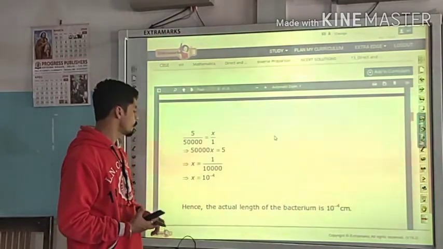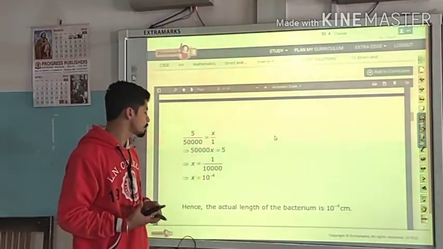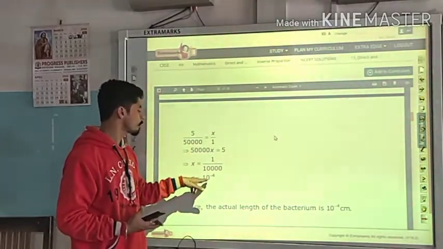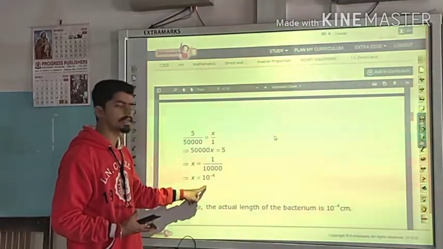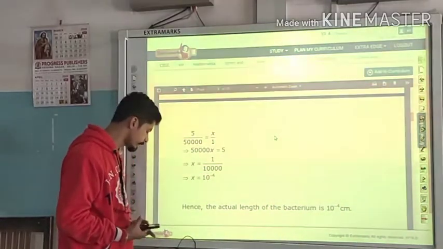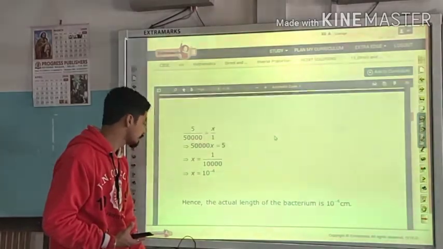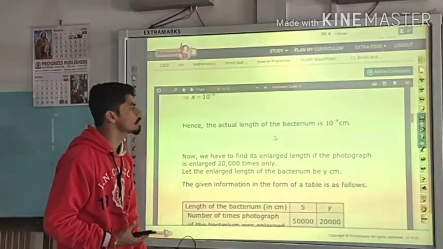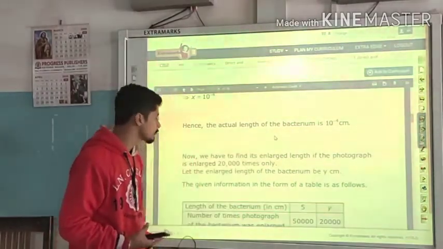This is the formula a to the power m is equal to a to the power minus n, so 10 to the power 4, and if we convert this denominator to the numerator, it becomes a negative exponent. Hence the actual length of the bacterium is 10 to the power minus 4.